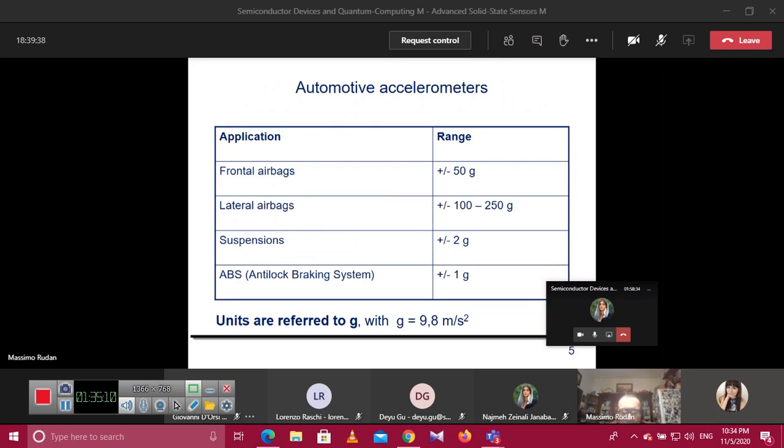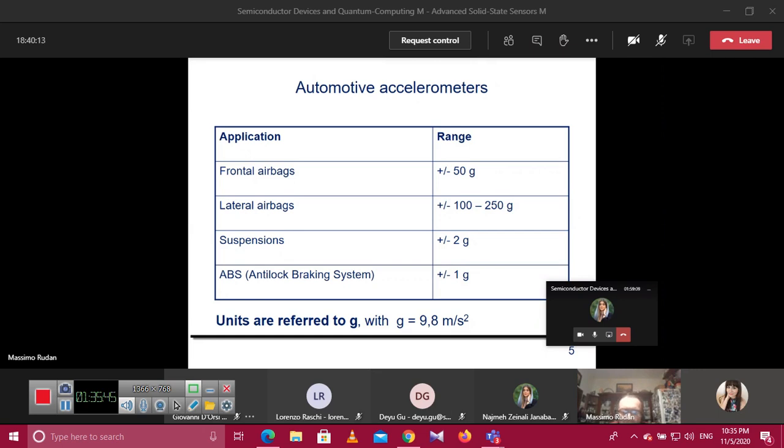Of course, these measurements may interest widely different amplitudes of the signal. For instance, in this slide, you see what are the typical accelerations that could possibly be detected by accelerometers. Okay, we have the large ones that are those associated to the airbags in car.